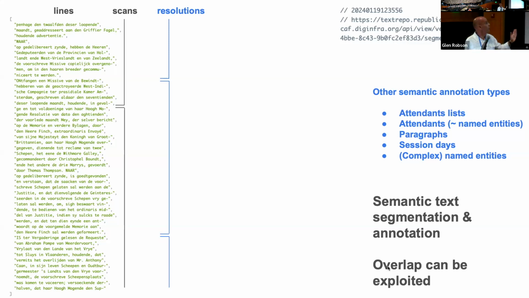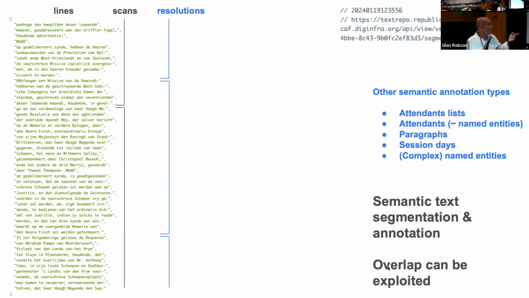And as you see, it's all parallel and overlapping annotations. And that's quite nice because we can exploit the overlap quite nicely. So given a resolution, we know on which page it is or on which 2 consecutive pages it is. Or the other way around. For a page, we can easily check out what resolutions are on the page.